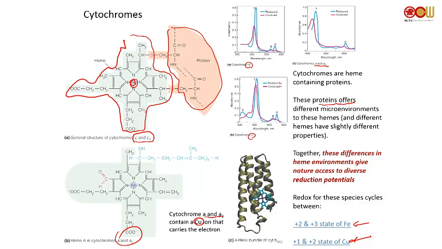This is obvious because whether or not you have 1 electron on the molecule causes it to absorb at a different light wavelength. That makes sense. These proteins also differ slightly in their microenvironment, such that each heme will have a different property, and by property here, I usually mean that their reduction potential could be slightly different.